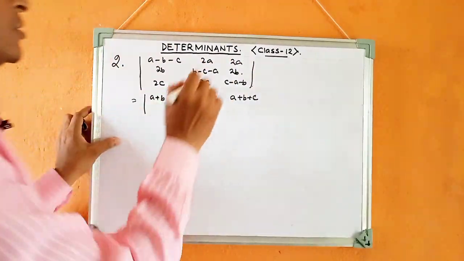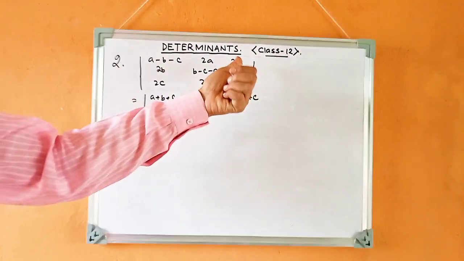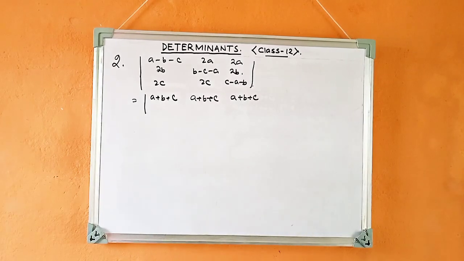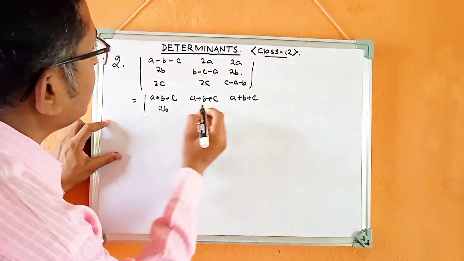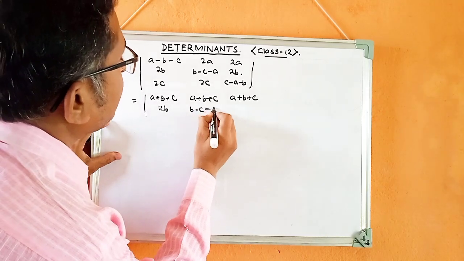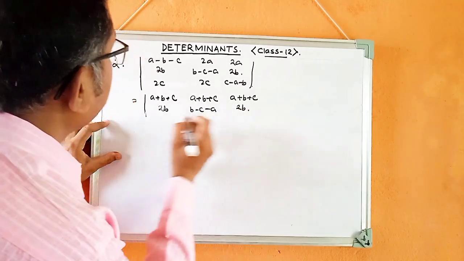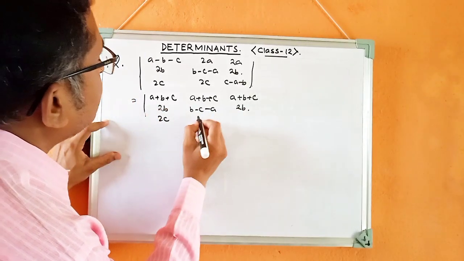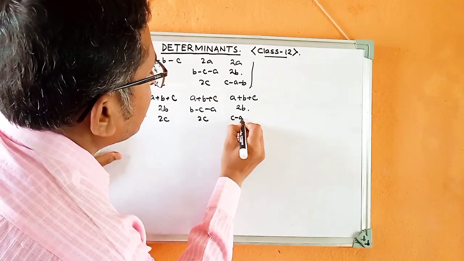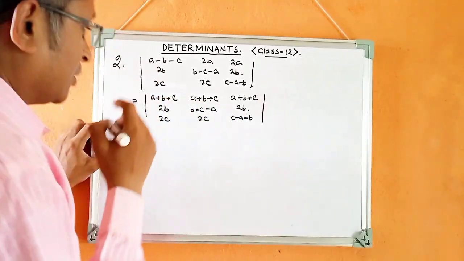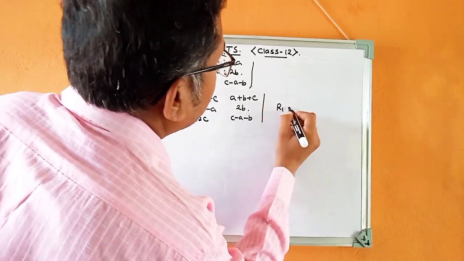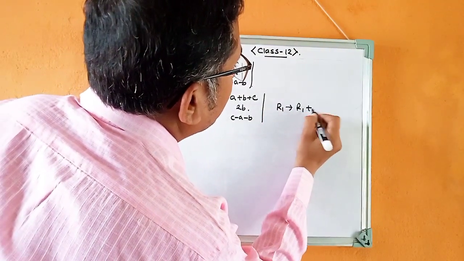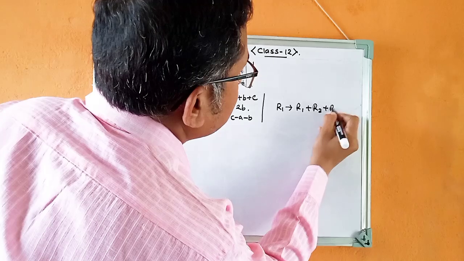So 2A, 2B, 2C. Listen carefully, 2A, not 2B. Now the second row and third row remain the same: 2B, B minus C minus A, 2B, then 2C, 2C, C minus A minus B. So write what we will do, that is row 1 equal to R1 plus R2 plus R3.